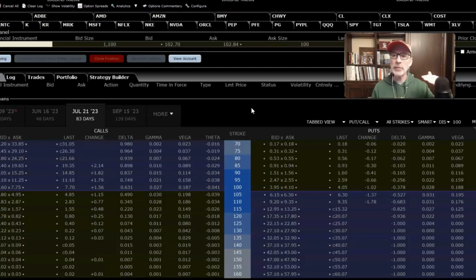All this buying demand for calls and puts pushes up the option price, which also pushes up the volatility level. And then once earnings come out, the volatility gets crushed. It's called volatility crush, and all the air is taken out. Once the volatility comes down, the option prices come down as well.